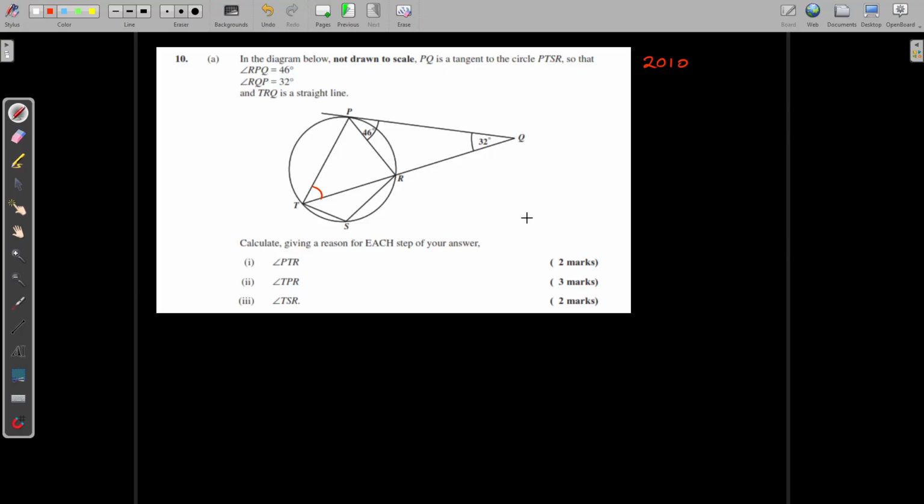Let's see what other information we have. We have a straight line going through, so we can easily find this angle, this angle. But we can't find anything up here as yet.